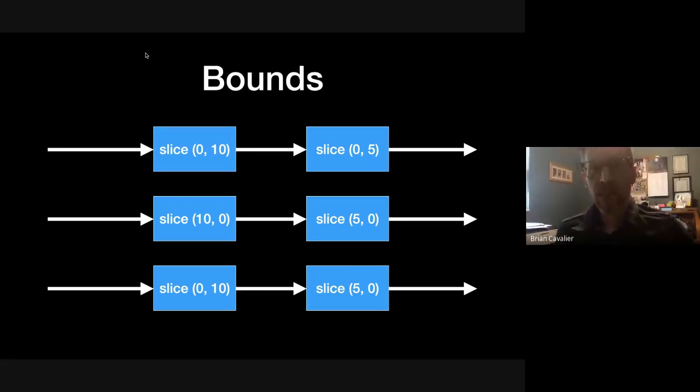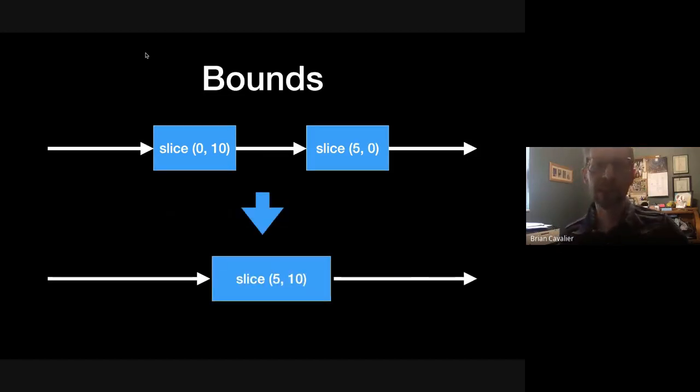And once we do that, now we've got adjacent operations of the same type with a pair of numbers. We can start to think about ways we could combine those pairs of numbers to merge adjacent nodes of the graph.